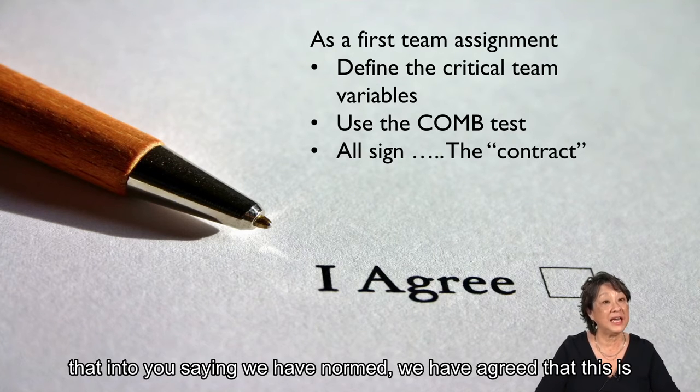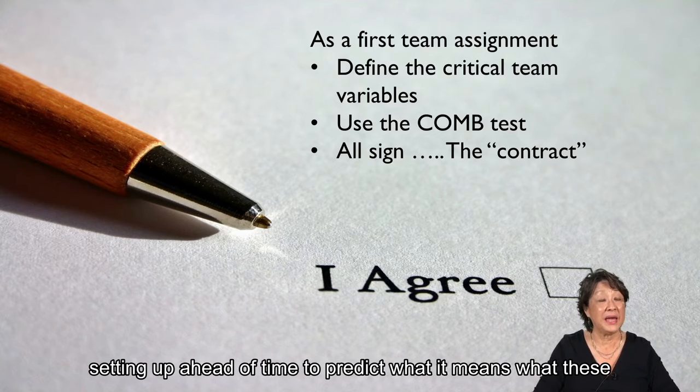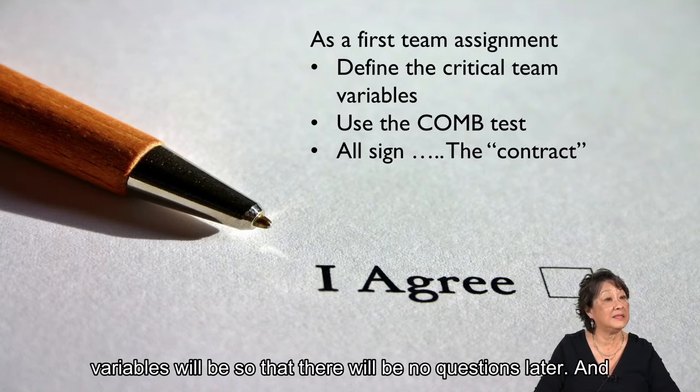And they should turn that into you saying, we have normed, we have agreed that this is what each of these variables mean. And so what you're doing is setting up ahead of time what these variables will be, so that there will be no questions later.